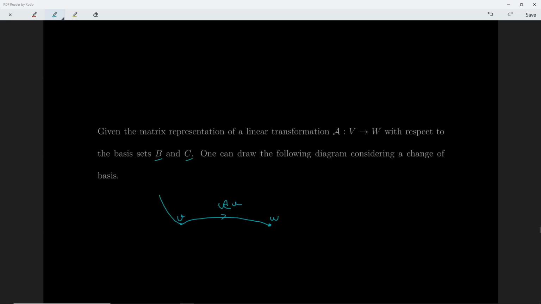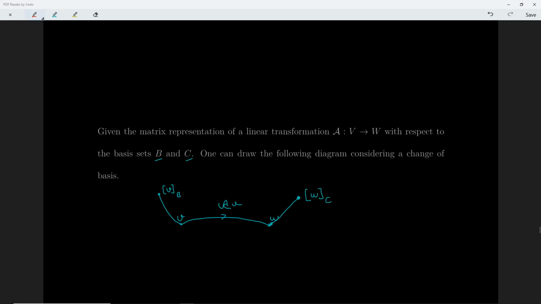And I can also express this W vector as a linear combination of vectors in basis C, so I can write down the representation of W with respect to basis set C over here.